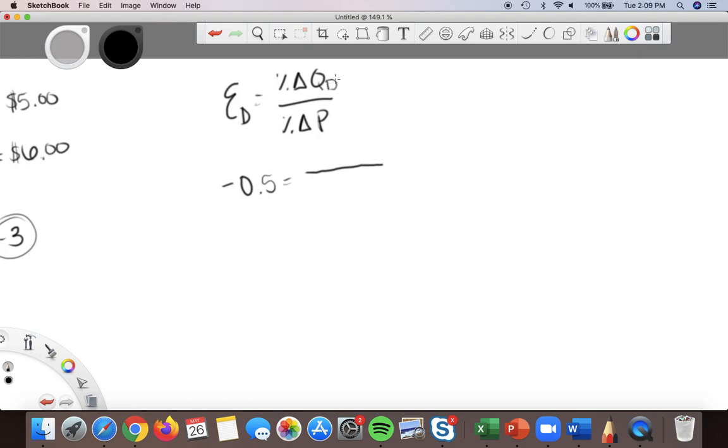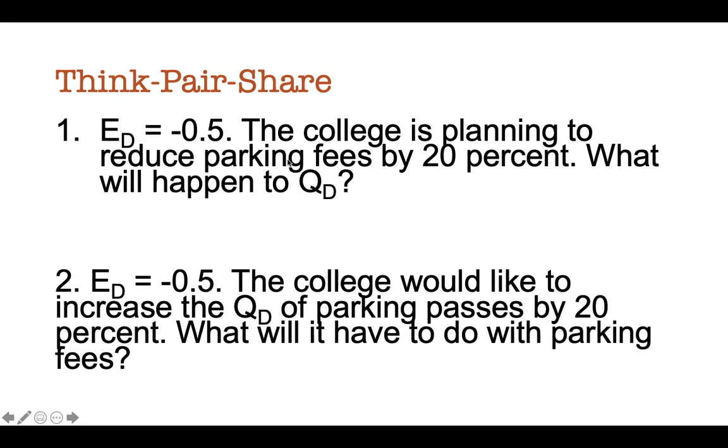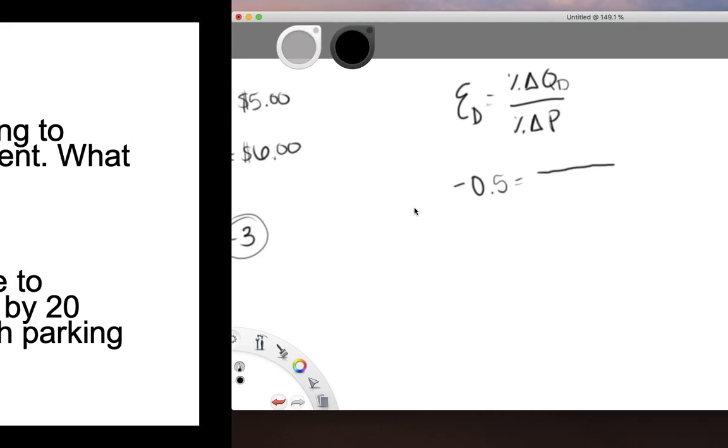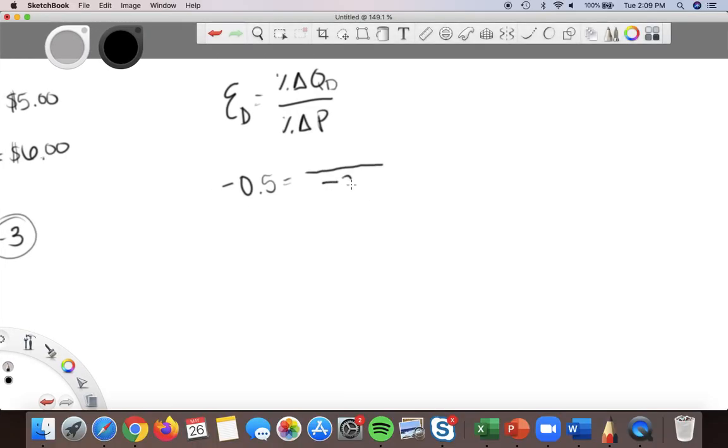And we're solving for this percentage change in quantity demanded. And we have the percentage change in price. We are going to reduce parking fees by 20%. So we're going to put a negative 20% down here. And we're solving for this missing term. So I'll just put that in parentheses.